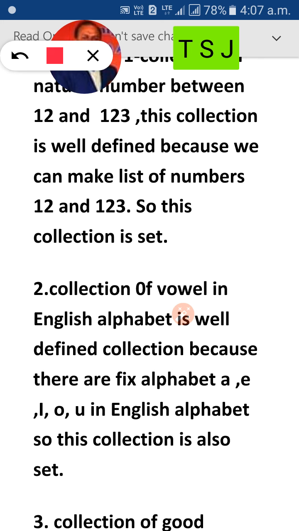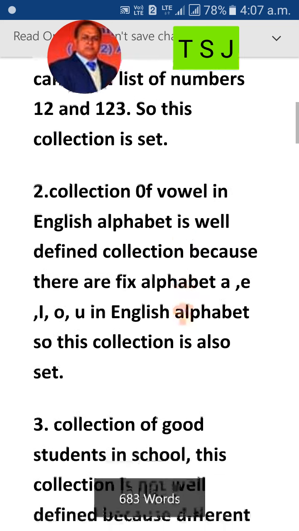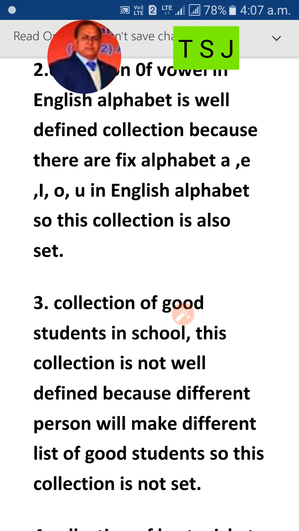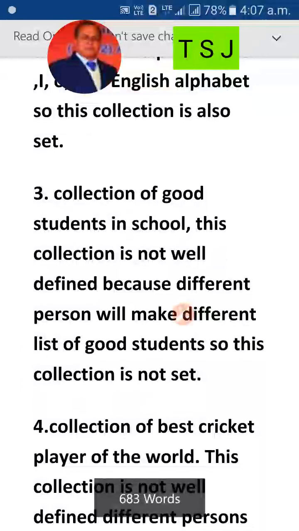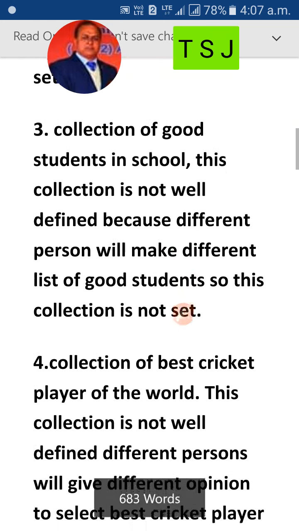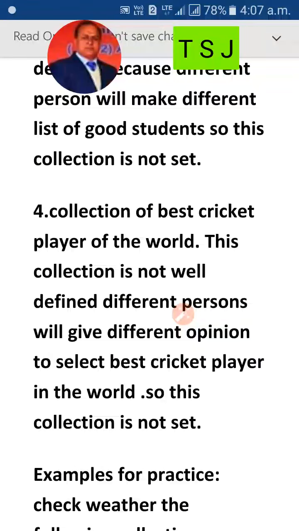The collection of vowels in the English alphabet is a well-defined collection, because there are fixed letters: A, E, I, O, U. So this collection is a set. Third example, consider good students in a school. This collection is also not well defined, because a different person will make a different list of good students, so it is not a set. The collection of best cricket players is also not well defined, so this is also not a set.